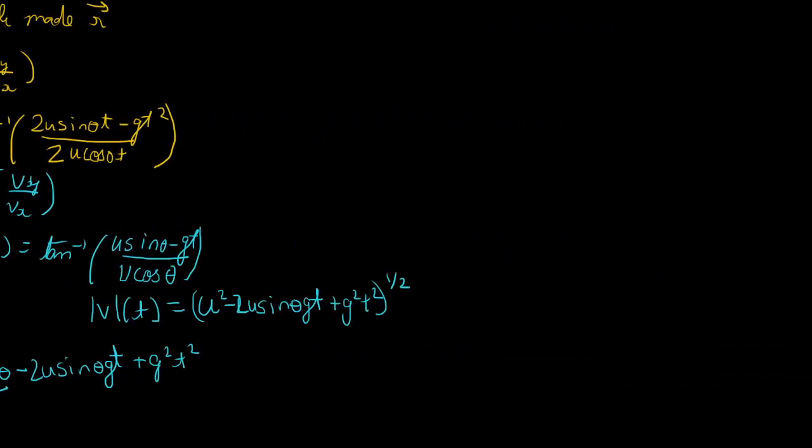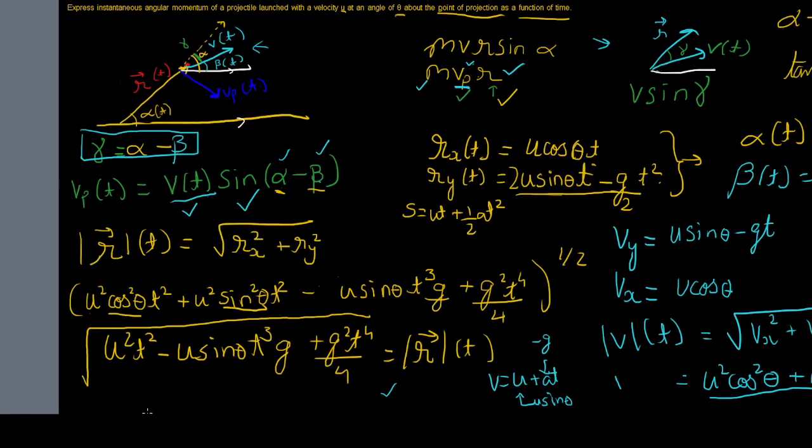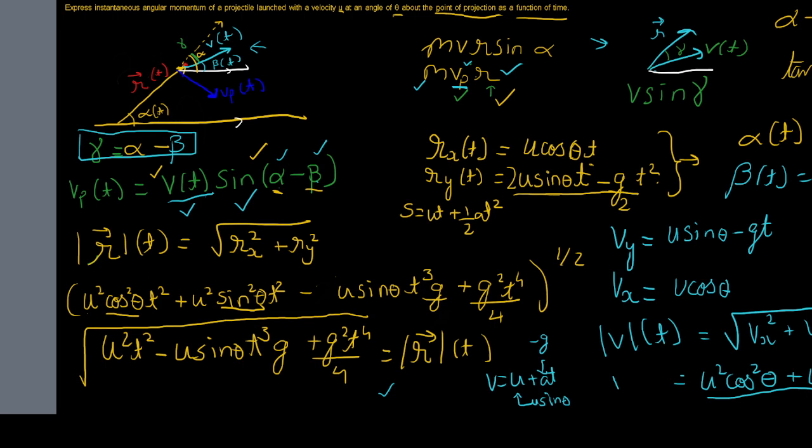Angular momentum is equal to mass times velocity perpendicular. The perpendicular component of the velocity is the magnitude times the sine of alpha minus beta.